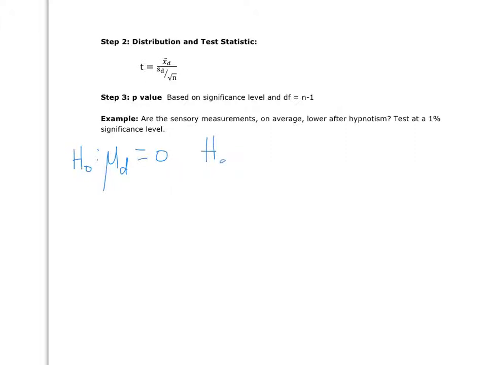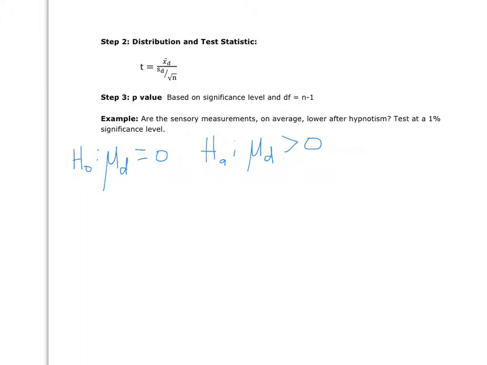And the alternate, if they're lower, means that the mean difference is positive, because a lower score is lower pain. If the value is positive, that means there's been a decrease in pain.